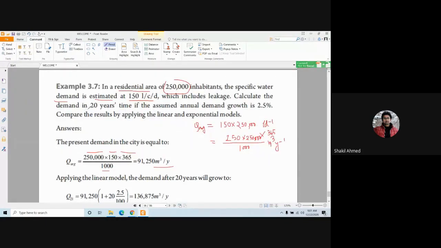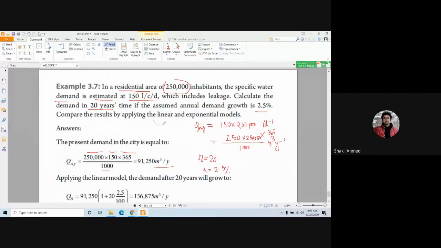Okay. Calculate the demand in 20 years time. That means your n equals 20 years. Design period is 20 years. Annual demand growth is 2.5%. So A has to be in percent, right? 2.5%. Okay.